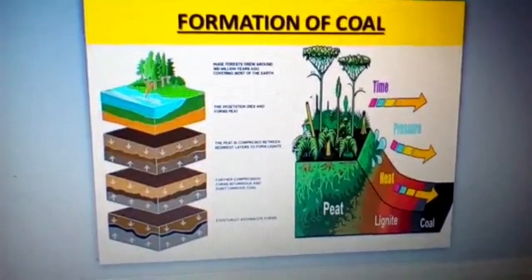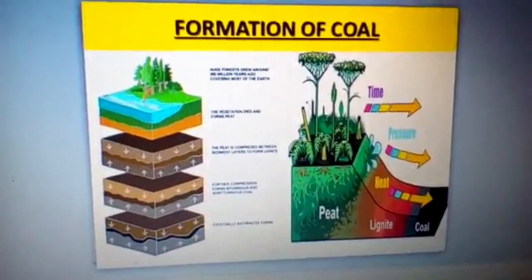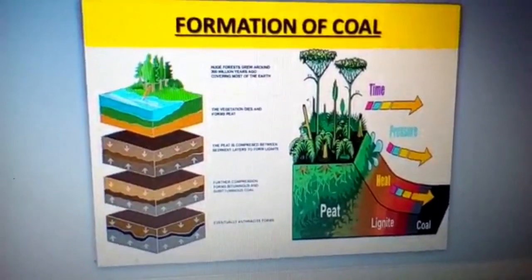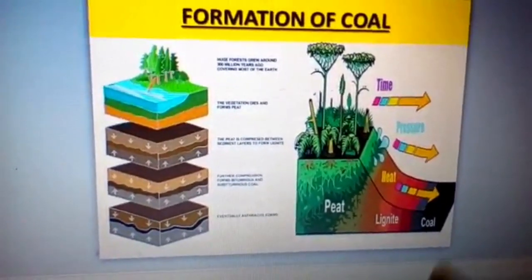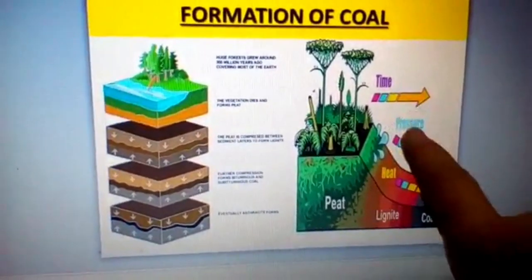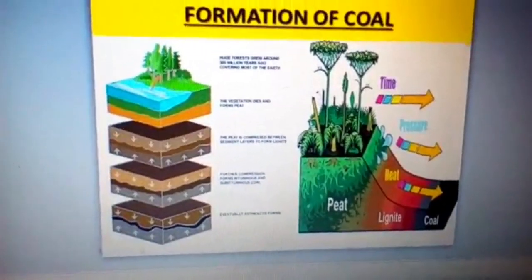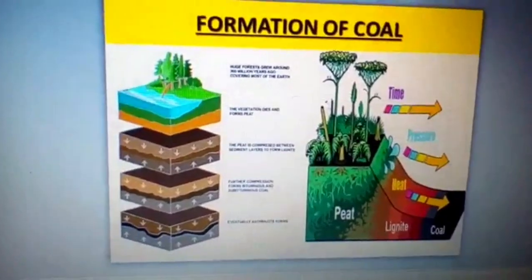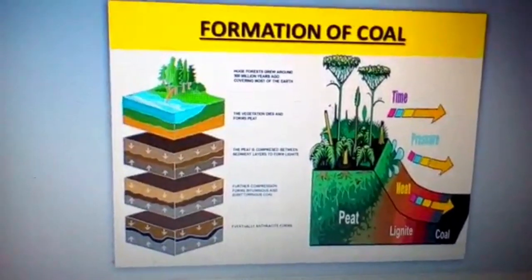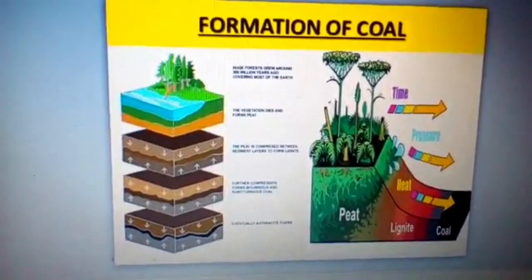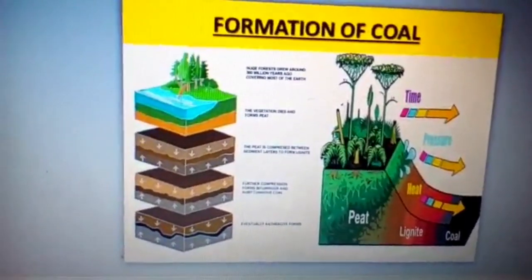Number 2, heat, and the buried vegetation therefore gradually metamorphosed into coal. So here you have three basic factors, that is your heat, pressure and the time. That means around 650 million years, I told all of you. All of the time, heat and pressure actually formed the coal.